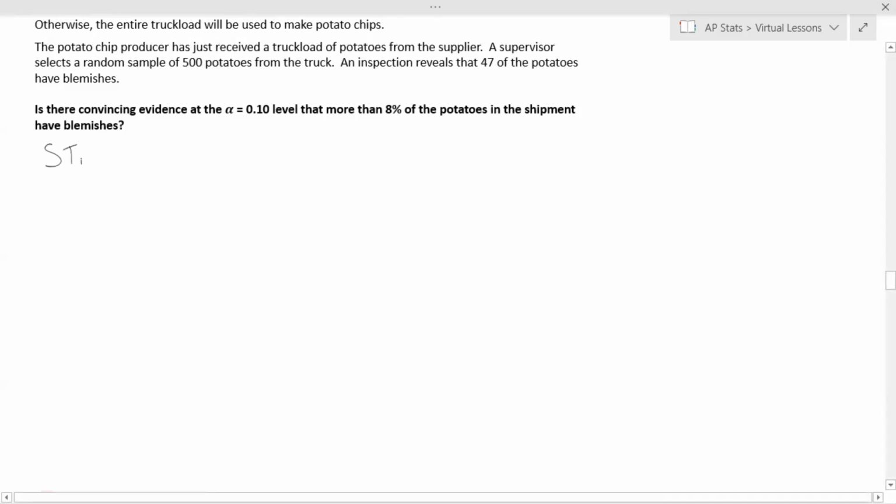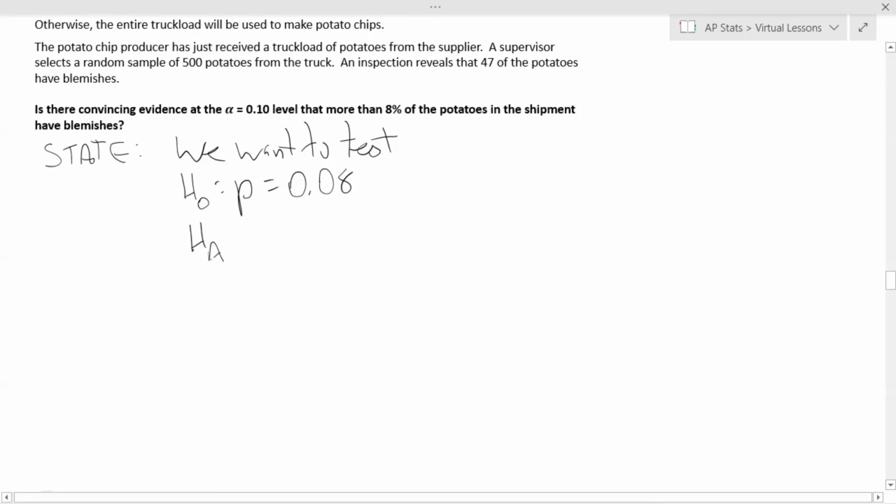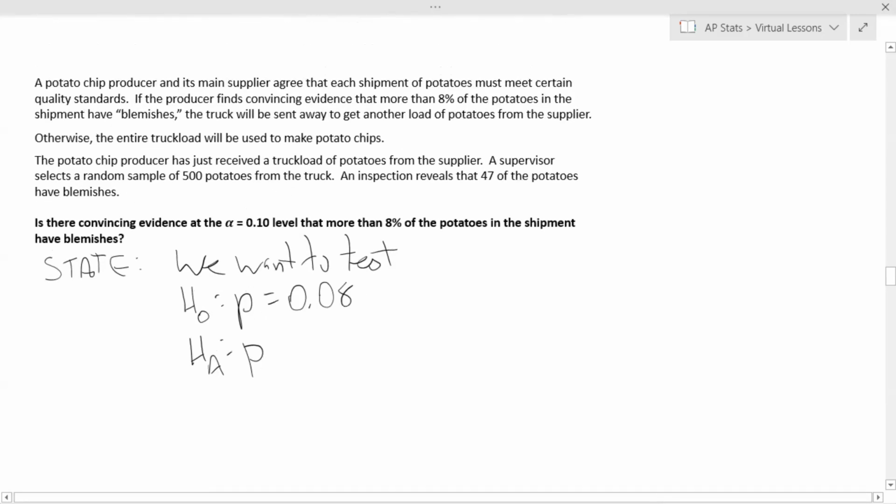So state, we want to test. So your null, the proportion is 0.08, and the alternative, now remember, he said more than, so it's going to be greater than 0.08.